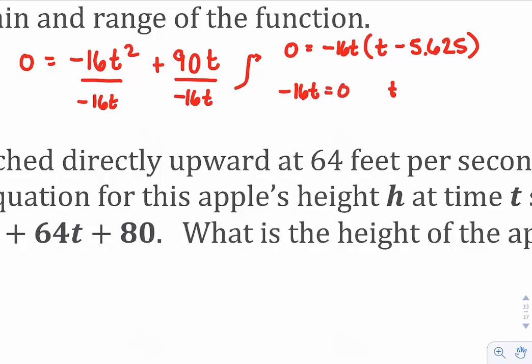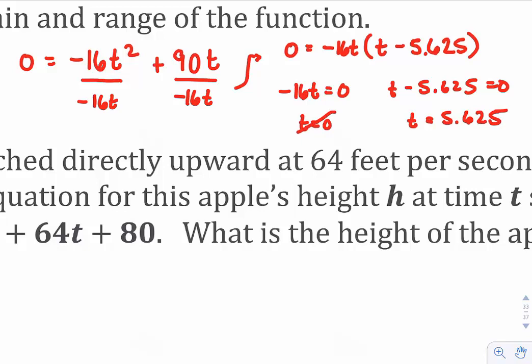And you're going to get t minus 5.625 equals 0. So when you solve both of these, you get t equals 0, and you get t equals 5.625. And I wrote that wrong. I'll fix it. There we go. Okay, 5.625. So you're going to get 5.625 for your second answer.